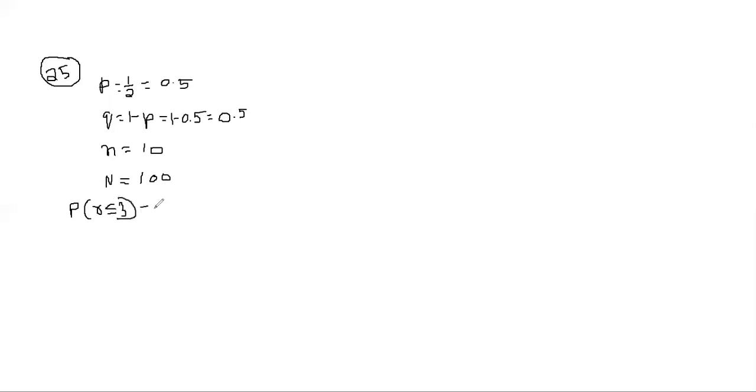That is equal to P of R equal to 0 plus P of R equal to 1 plus P of R equal to 2 plus P of R equal to 3.